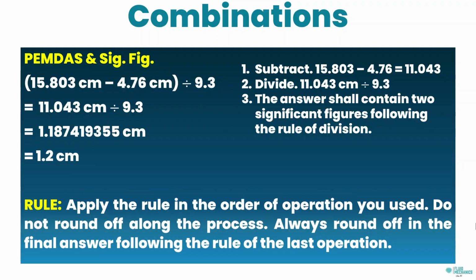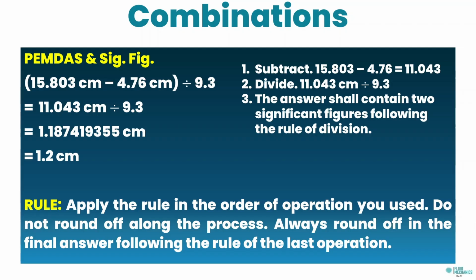So another problem is, what if the last operation is division? Then we simply follow the rules for division. In division, the rule is to follow the fewest significant figures. So for example, we have 15.803 minus 4.76 divided by 9.3. First, calculate whatever is inside the parentheses.